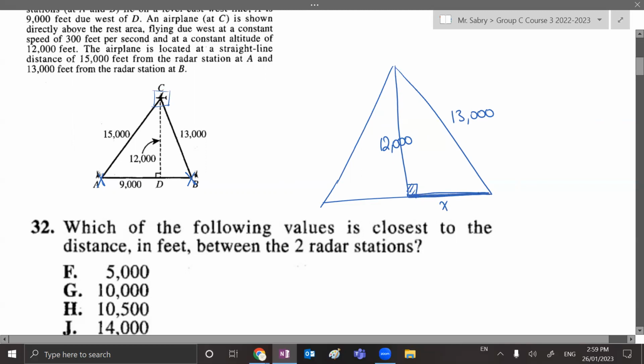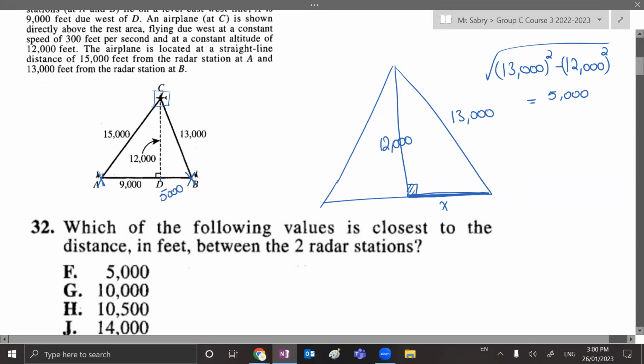How can I do so? I'll say the hypotenuse to the power of 2 minus the other side to the power of 2 under the square root. That's the Pythagorean theorem, and it should get me the measure of this third side, which should be 5,000. So the distance between point D and B is 5,000.